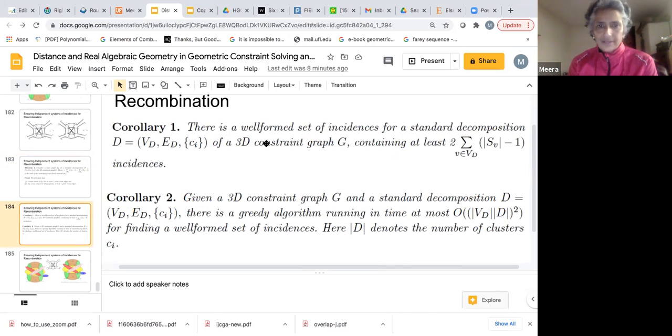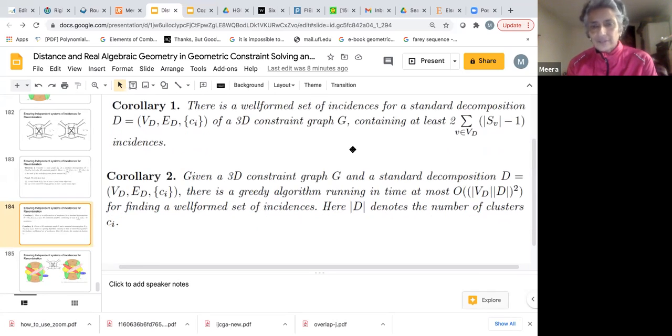The corollary says there's a well-formed set of incidences for a standard decomposition. Remember, standard is just canonical for a 3D constraint graph. Because there's an underlying matroid, we can quickly find the spanning seam forest or seam tree for each connected component of the seam graph fairly fast.